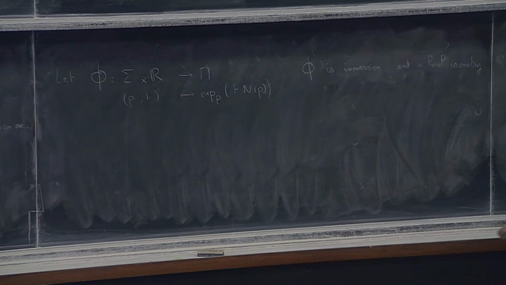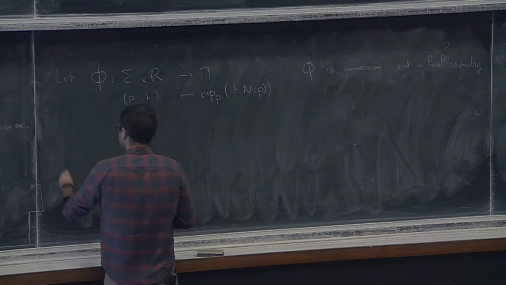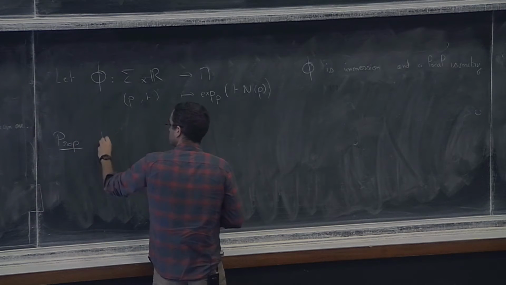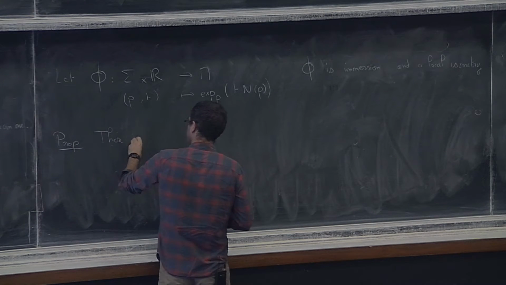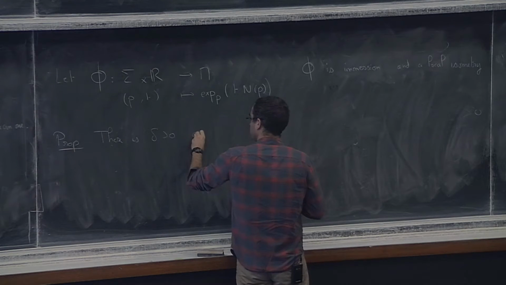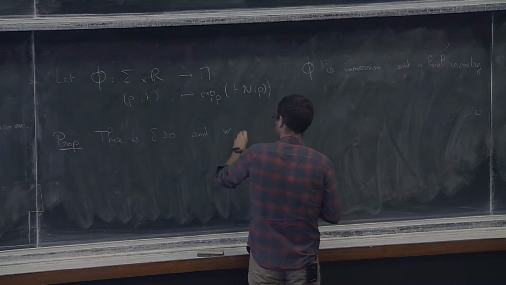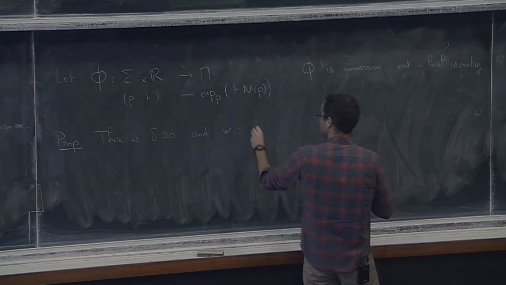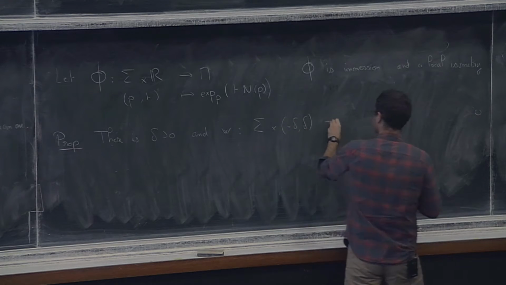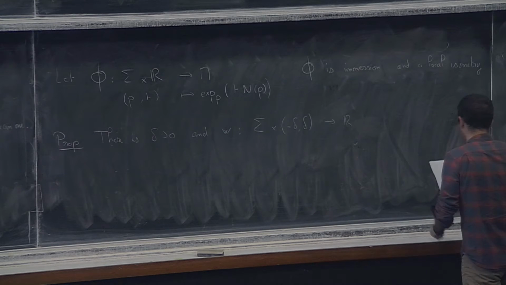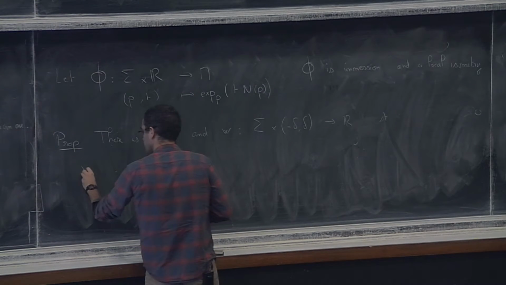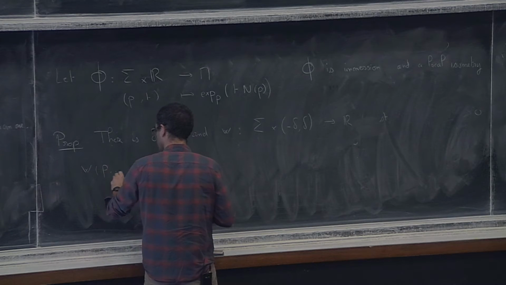So the idea is given by the proposition which is there. So there is delta positive and W, a function from sigma times minus delta to delta to R, such that. So first you assume that, and I will explain after what all of this means.